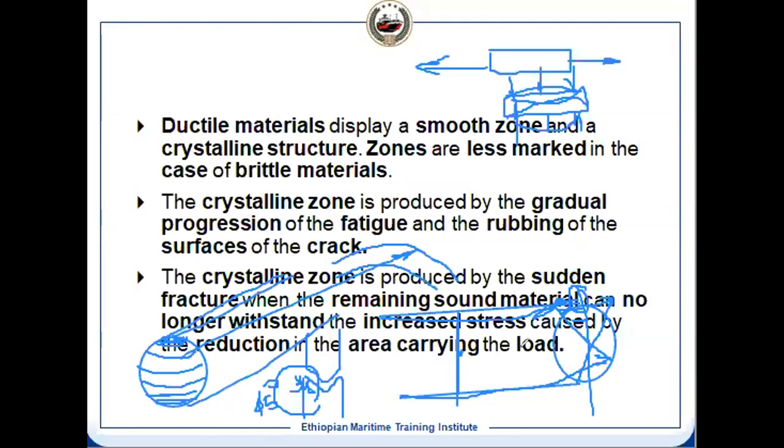A brittle material will fail faster, because in brittle material there is no toughness. There is less elasticity, so it will fail faster under this type of cyclic loading.